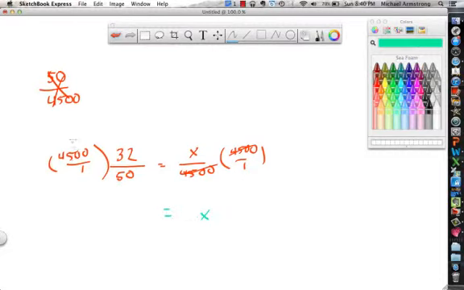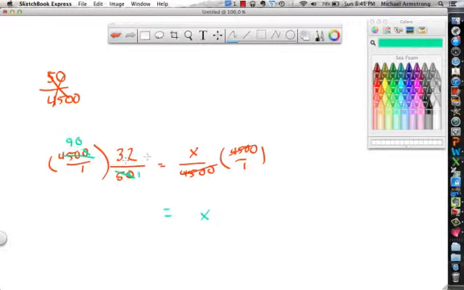5 goes into 45 9 times. So 5 goes into 450 90 times. So 50 times 90 is 4,500. So we're going to cancel these out. It changes into 90 over 1.